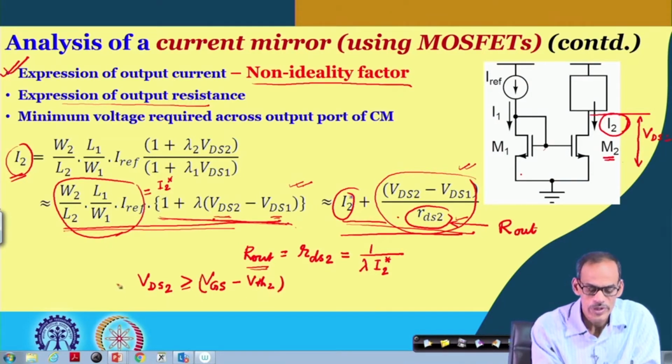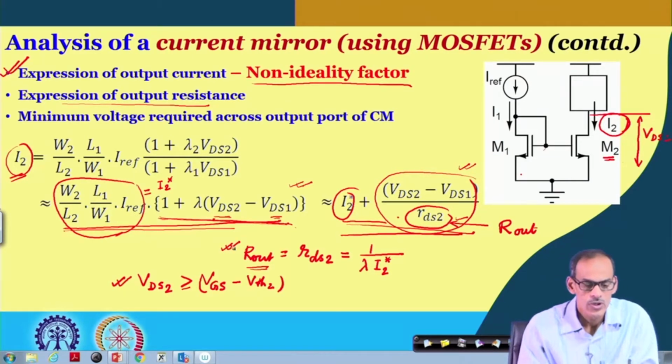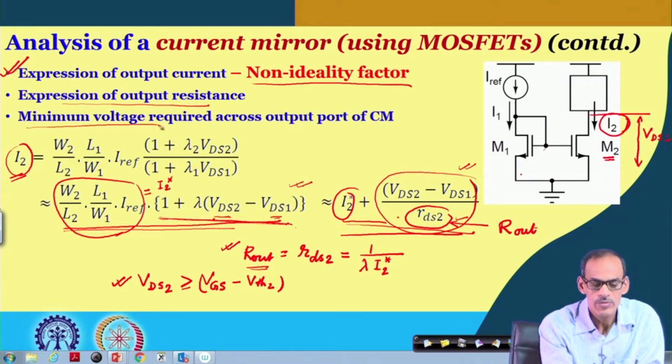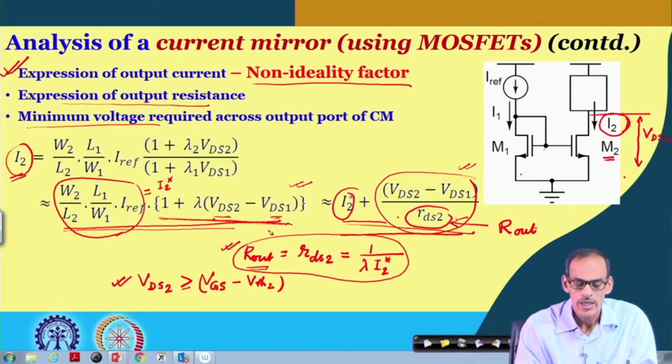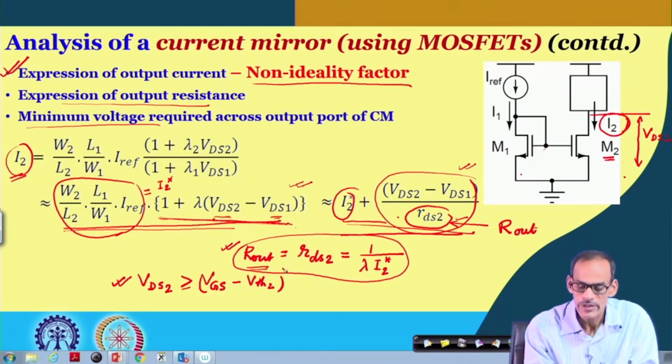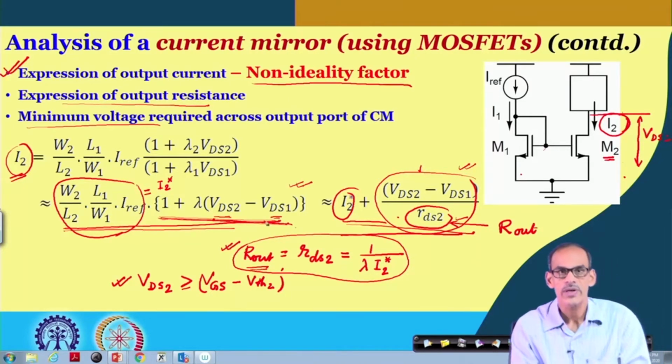As long as we satisfy this condition, we get this output resistance. So, we need to maintain this minimum voltage across this element to get this advantage, namely that this resistance is high, and if this resistance is high, this part will be small, or you can say that the non-ideality factor will be small.